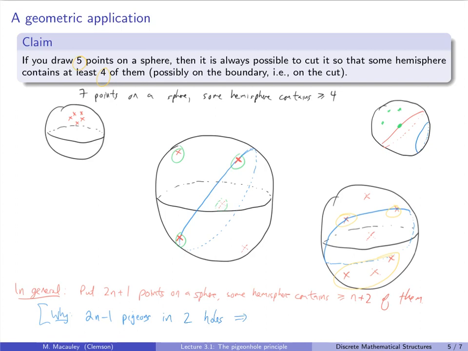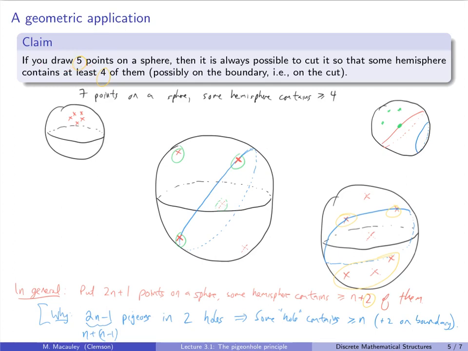So that means that some hole contains at least n. So this is n plus n minus 1. So some hole, or some hemisphere, contains at least n of them, and then we already had 2 of them on that boundary anyway. So n, and then I should say plus 2 on the boundary. So this is a more general statement of this right here.